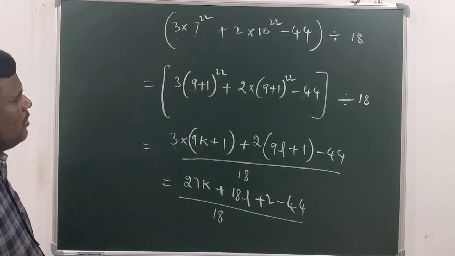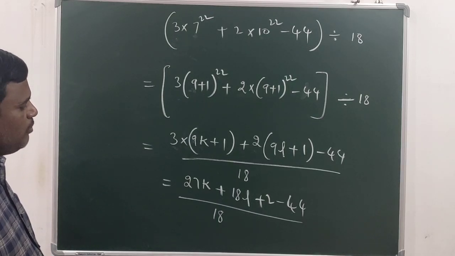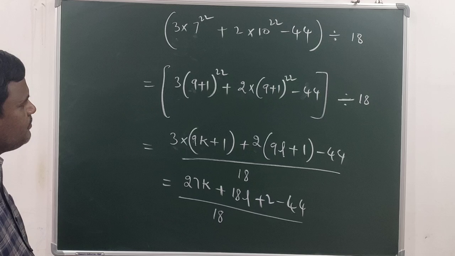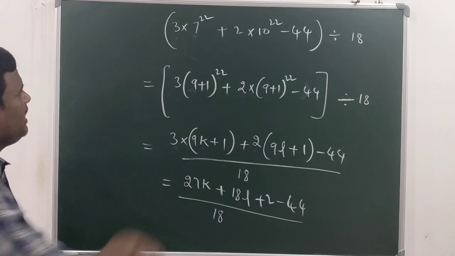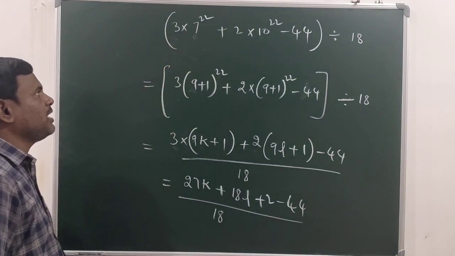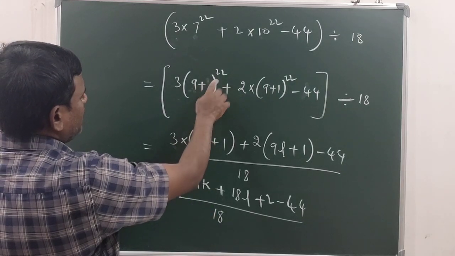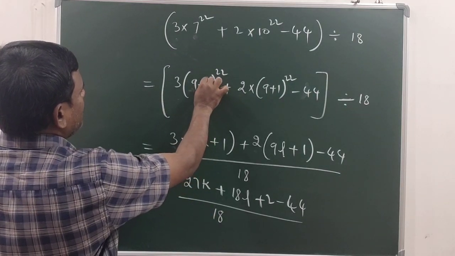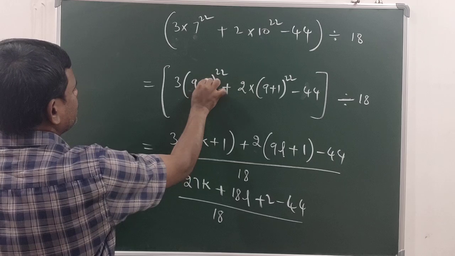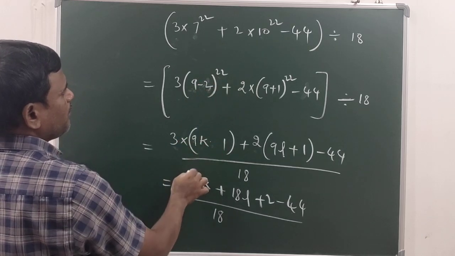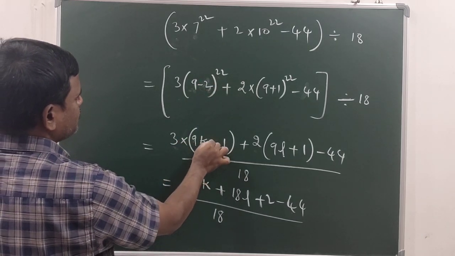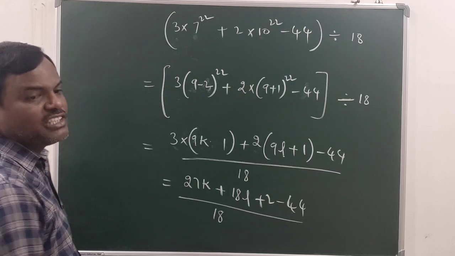Now, see students, here 7 is there. 7 you can write as 9 minus 2, sorry, not 9 plus 1, 9 minus 2. Otherwise, you can write 6 plus 1.